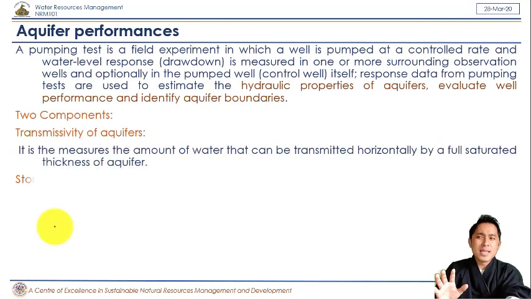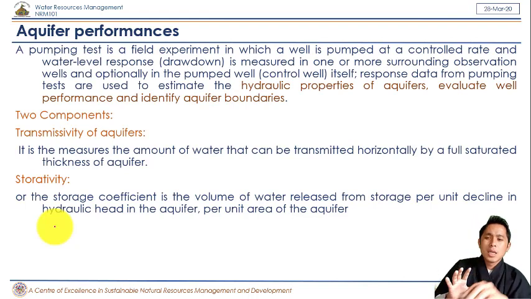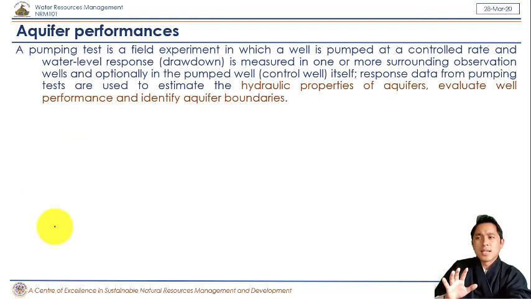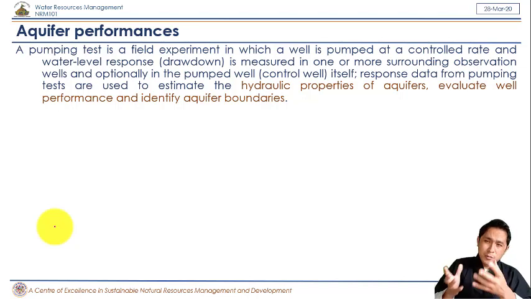Aquifer performance is done in order to see whether we have a good potentiometric surface of the aquifer, whether our aquifer is healthy, and whether it can accumulate a good amount of water or not.